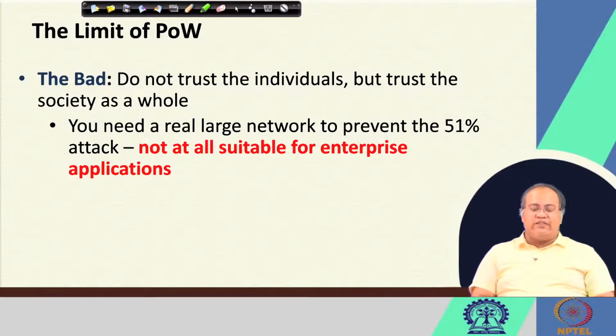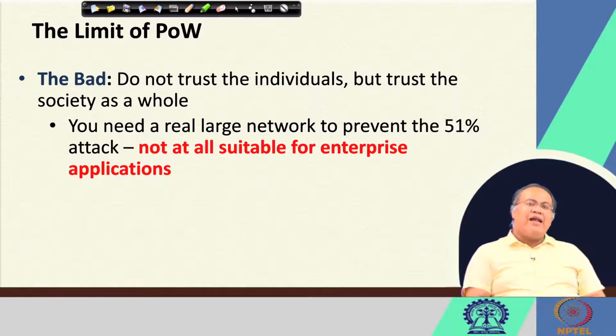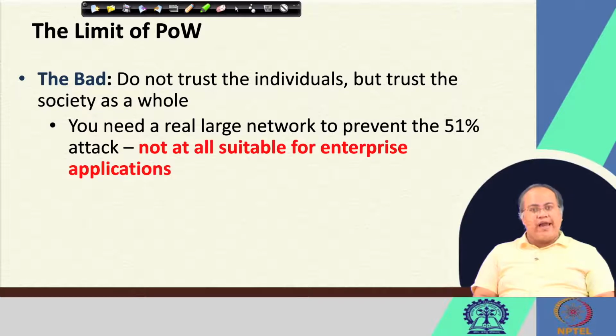You do not need to explicitly trust individuals to reach a consensus, but inherently you need to trust the society as a whole. So, what do you need to assume? You need to assume that your network is so large that an attacker will not be able to gain more than 50% of the hash power of your network. So, your network is sufficiently large to prevent the 51% attack.